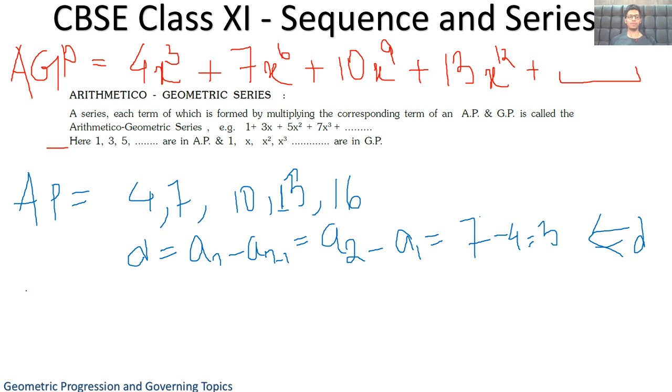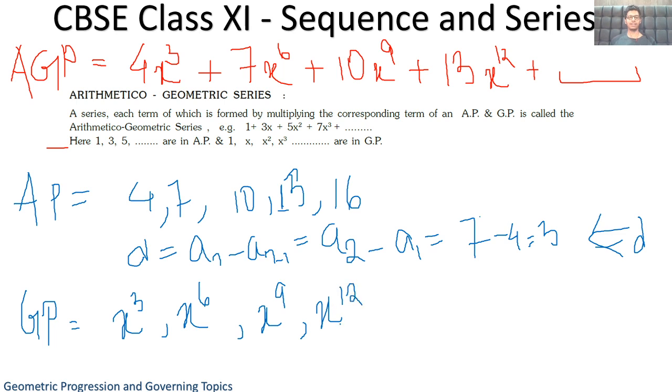Okay, now when it comes to GP, what we have been given is x to the power 3, next x to the power 6, next x to the power 9, and then x to the power 12. Now we need to find the next term.